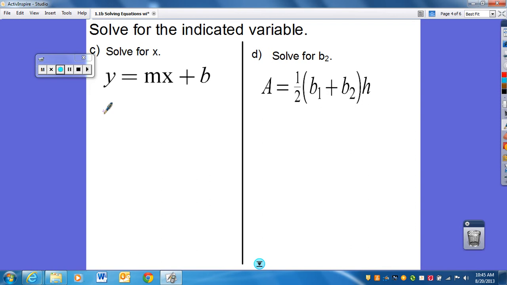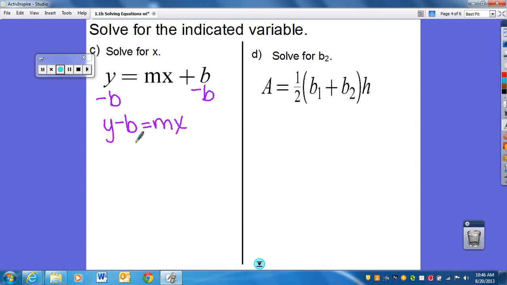In our next example, you may see that we have y equals mx plus b, a very familiar equation to you, and in this case we want to get the x by itself. So the first thing we're going to do is to subtract b, doing the opposite operation. So I have y minus b is equal to mx.